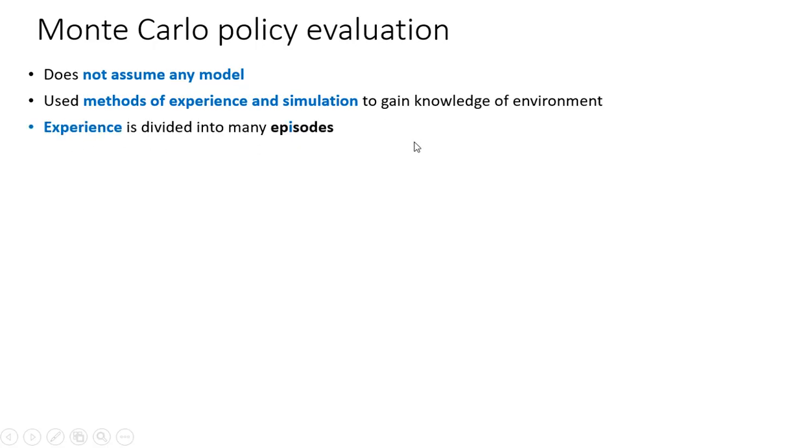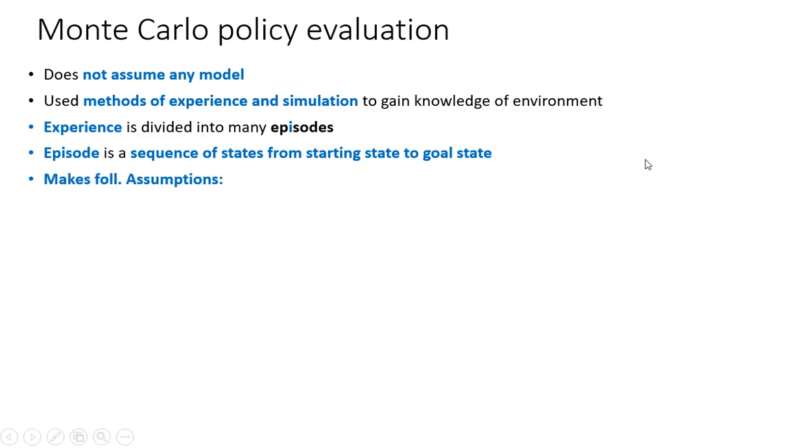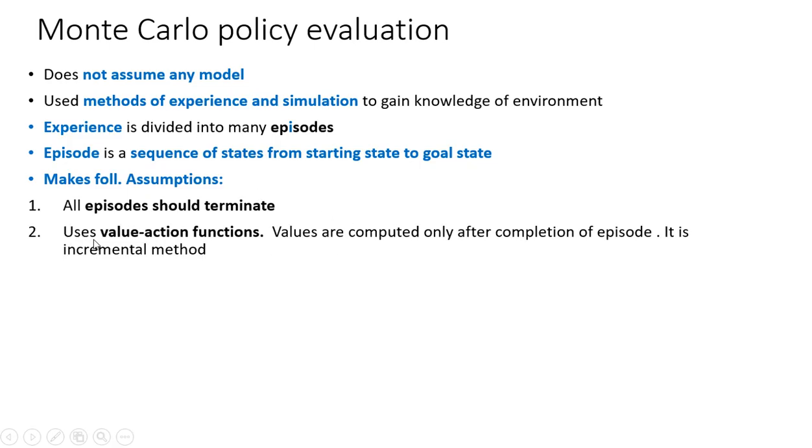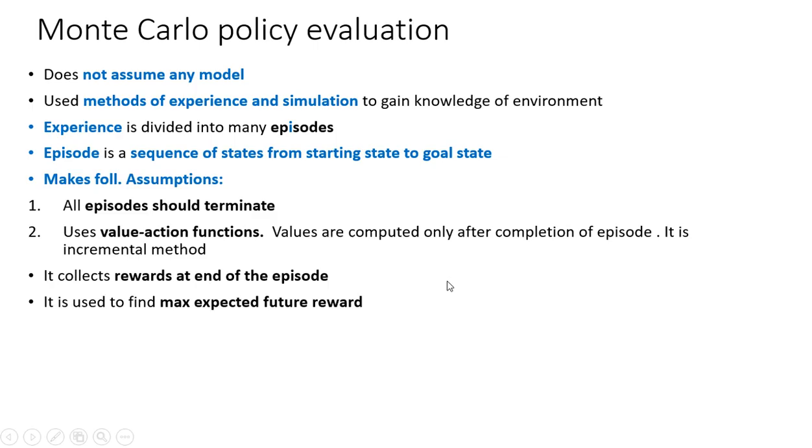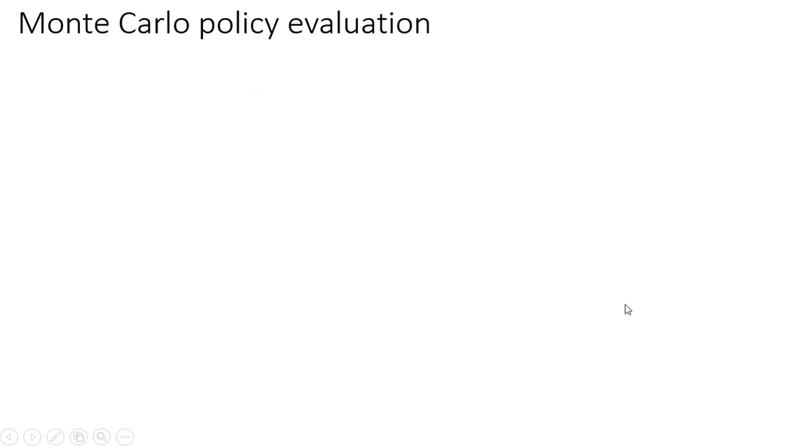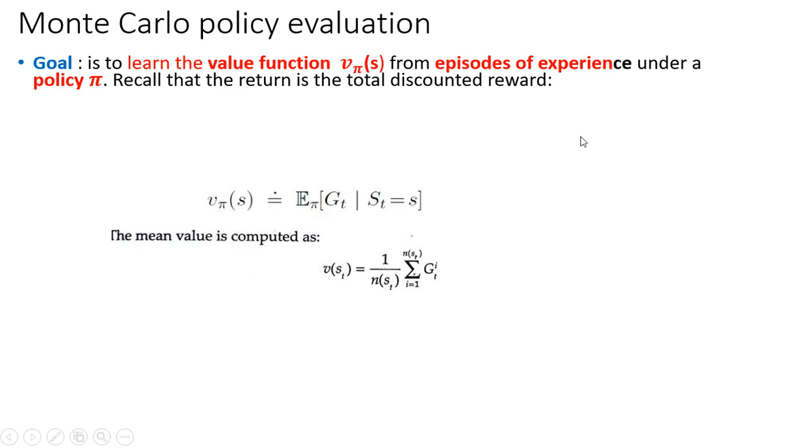Each experience is divided into episodes, and each episode is nothing but a sequence of states starting from the starting state to the goal state. There are some Monte Carlo assumptions: all the episodes should terminate, it uses the value action function, and it collects the rewards at the end of each episode. Here we find the maximum expected future reward. This is the mathematical approach to Monte Carlo policy evaluation.